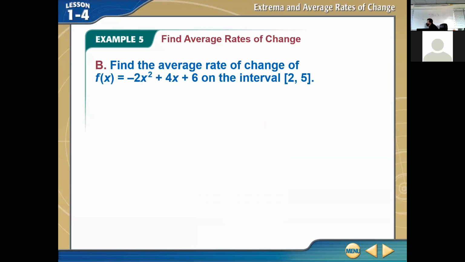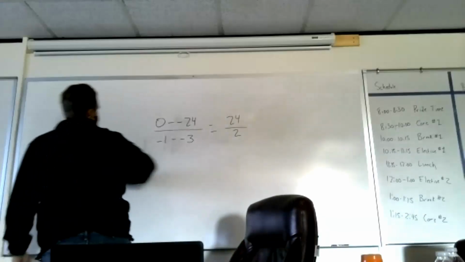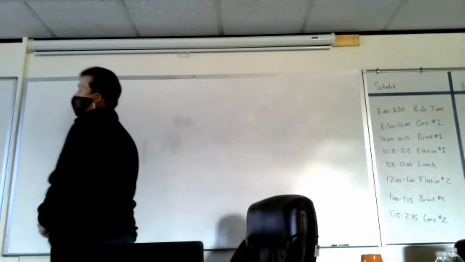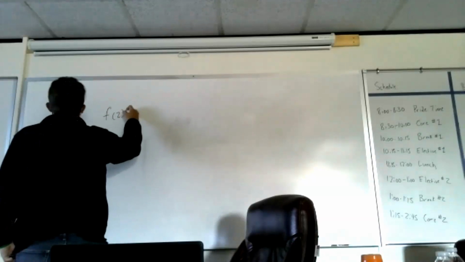So find the average rate of change of f of x is equal to -2x squared plus 4x plus 6 on the interval 2 to 5. I'm going to do this one algebraically. Okay, you can do it graphically, but for lack of a better term, that was a little bit more of a struggle, and I don't really want to do it yet. So first I'm going to find what f of 2 is.